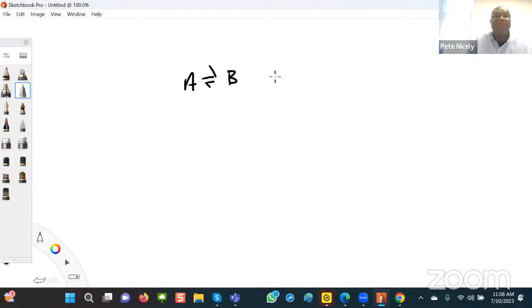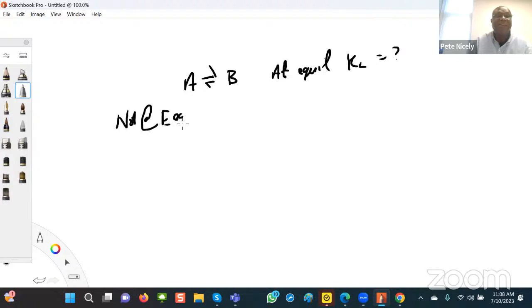And if it's at equilibrium, Kc would be the constant value, whatever that is, right? Now, let's say the system is not at equilibrium. Then we can still have the relationship between A and B, where the concentration of B, which is a product, would be on the numerator side, and the concentration of A would be the denominator.